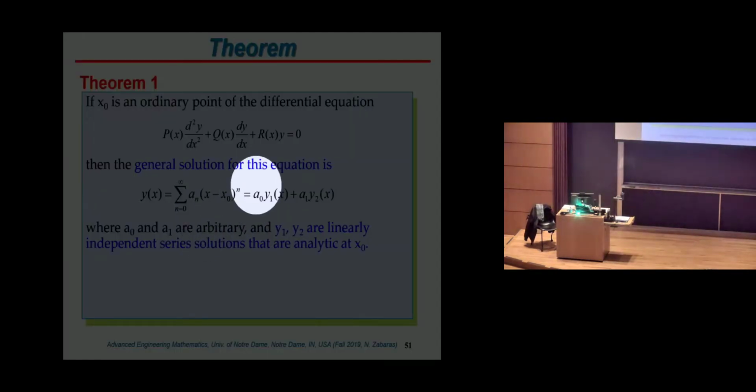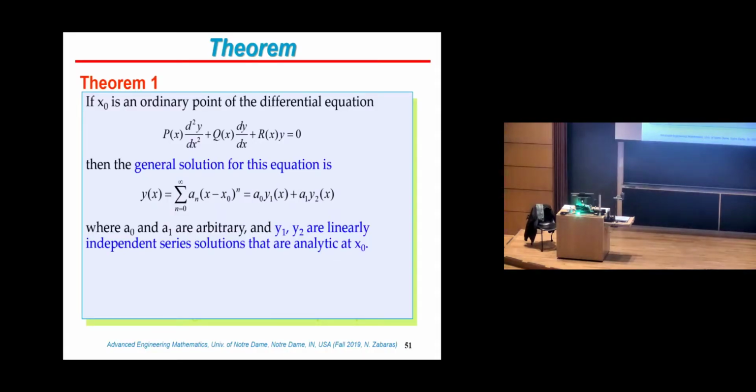Okay? All right. So in that case, you can actually show, when little p and little q are analytic functions, that the general solution is basically this combination of the two fundamental solutions we have seen for second order differential equations. Y1 and Y2 will be independent, so the Wronskian will be non-zero at x0.